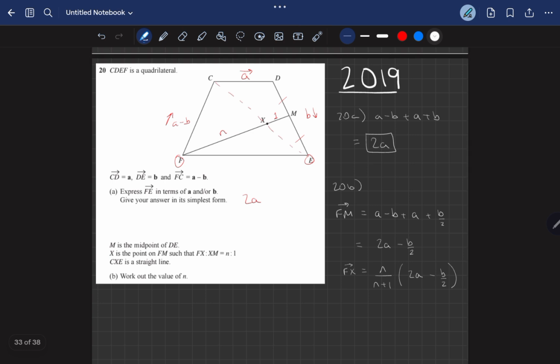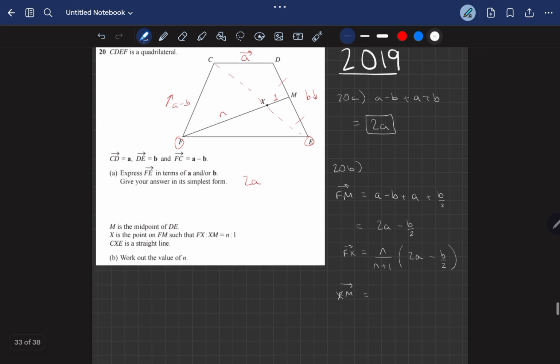And let's do XM too. You know that 1 over n plus 1 times (2A minus B) over 2 is equal to XM. Now we want to find what n is. We know that CXE is a straight line, so let's find CX in terms of n, and let's find CE.